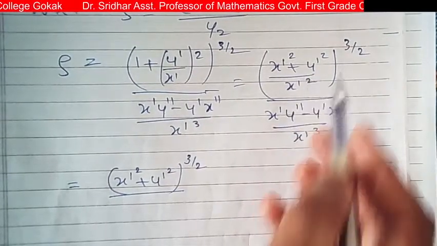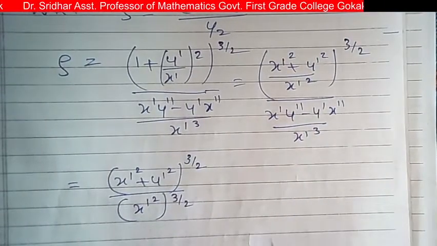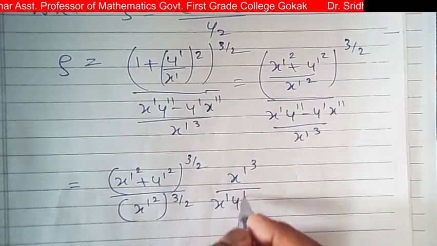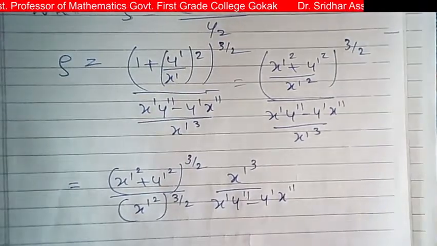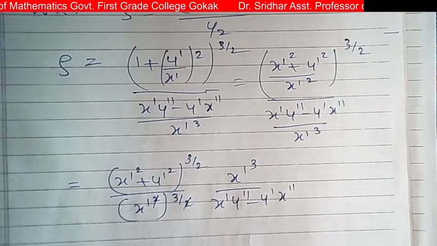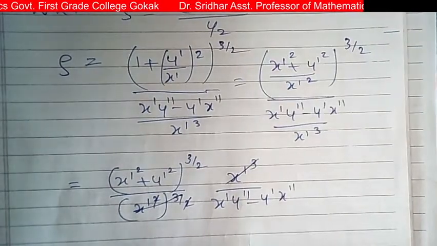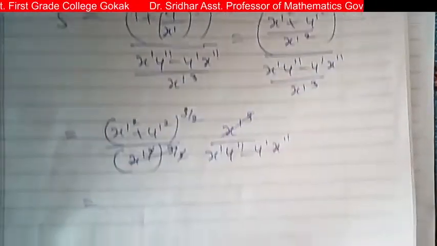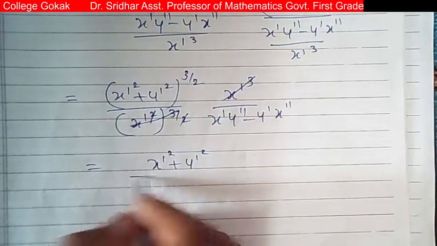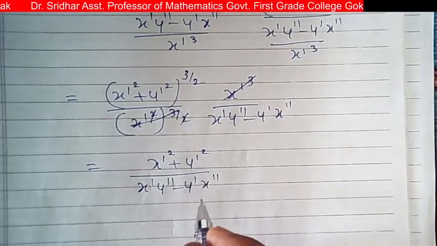So similarly in the same way we do this one. So x dash whole square raised to 3 by 2, now this comes in the numerator, x dash whole cube divided by x dash y double dash minus y dash x double dash. Now in this case this 2 gets cancelled, and then x dash cube gets cancelled. So totally you will get this is equal to x dash whole square plus y dash whole square whole divided by x dash y double dash minus y dash x double dash.